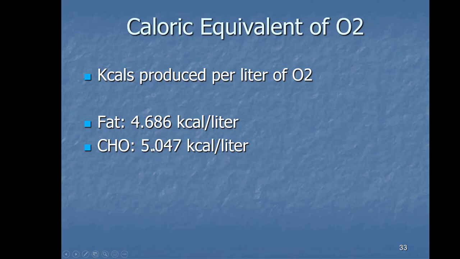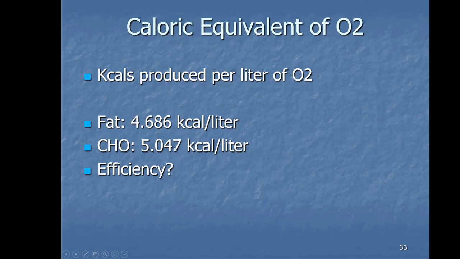A lot of people round this off to 5. Fat, 4.7 is fine. But when you look at how much energy you can get per liter of oxygen using fat versus carbohydrate, it becomes clear that carbohydrate is a more efficient substrate. So carbohydrate is kind of like an efficient car, whereas fat is almost like a gas guzzling SUV.